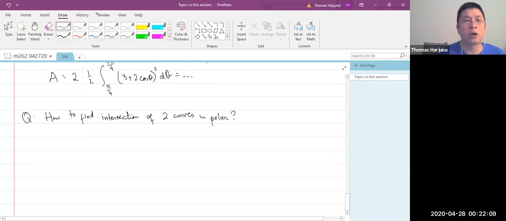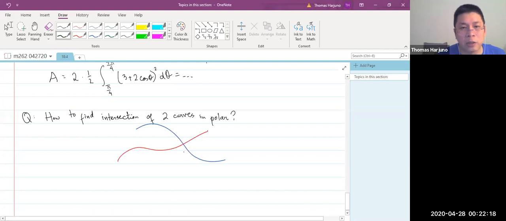Well, when two curves intersect, then at this point of intersection, they must share the same r and the same theta.